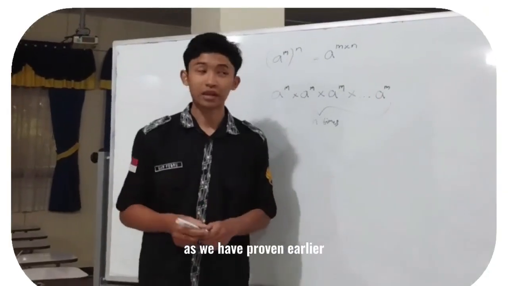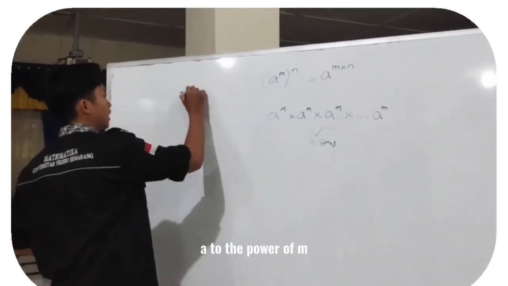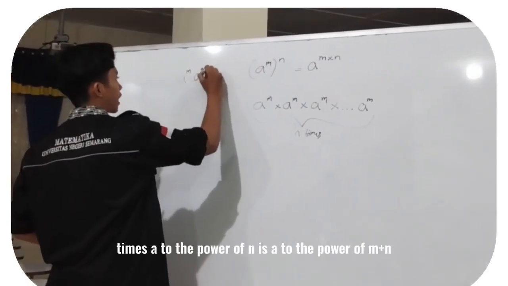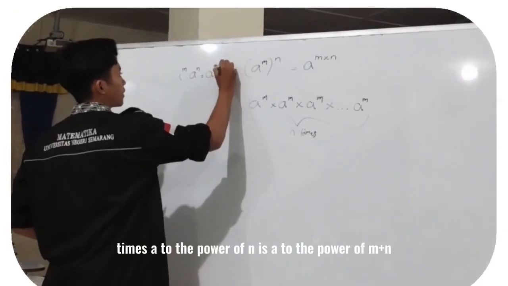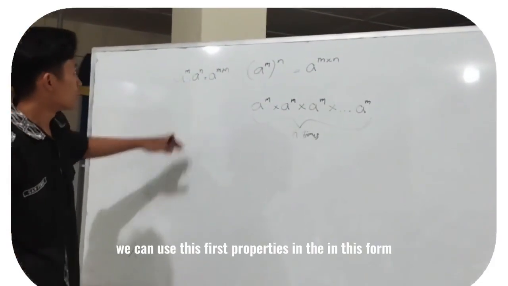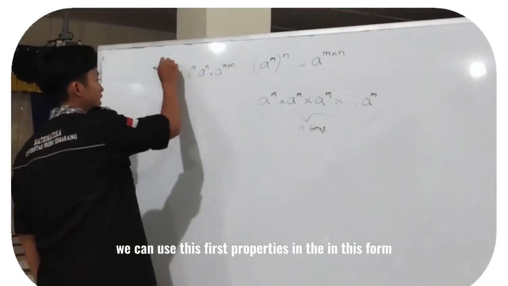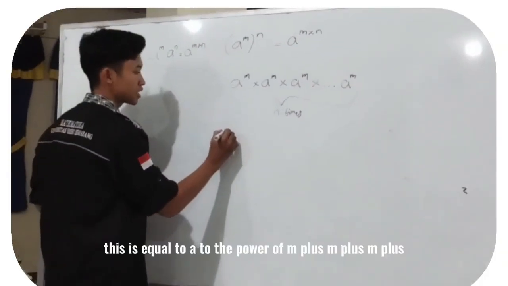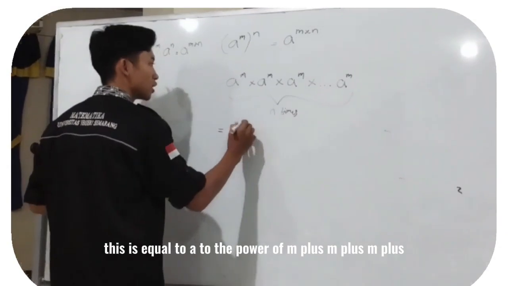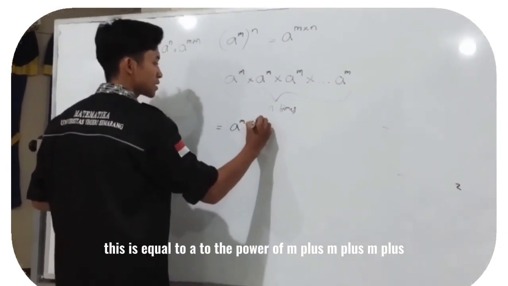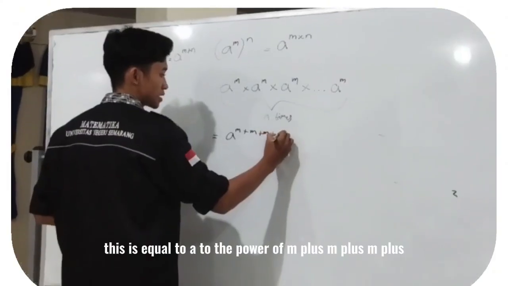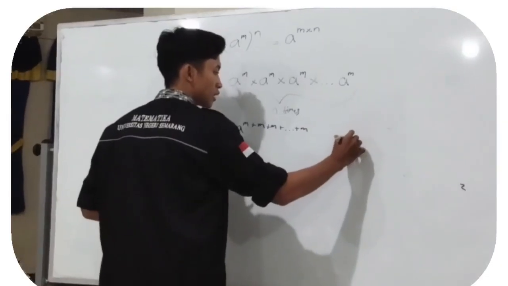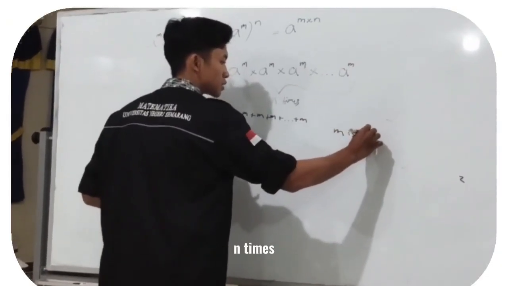As we have proven earlier, a to the power of m times a to the power of n is a to the power of m plus n. We can use this first property in this form. This is equal to a to the power of m plus m plus and so on plus m, where m appears n times.